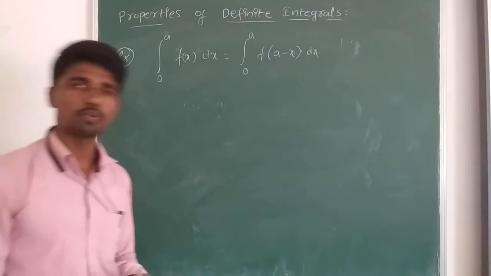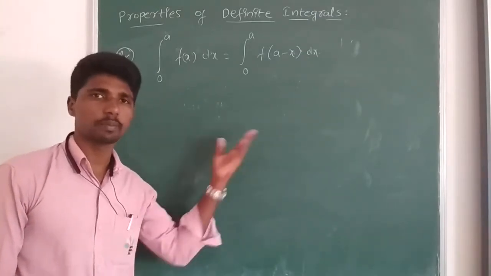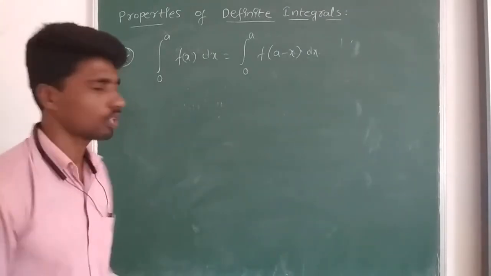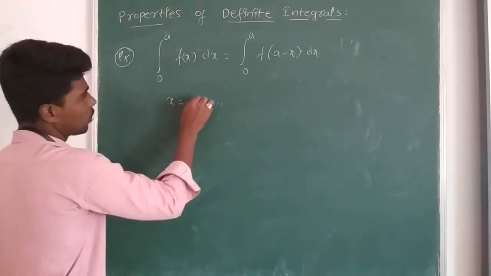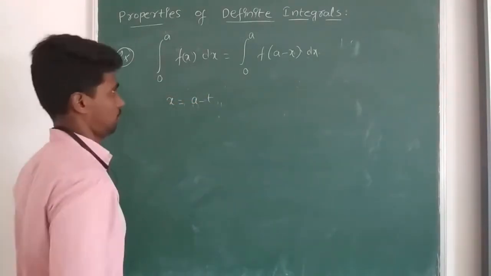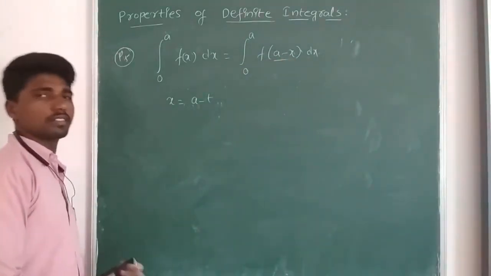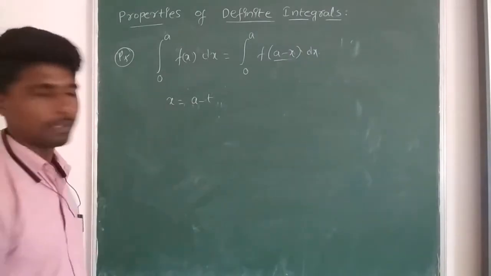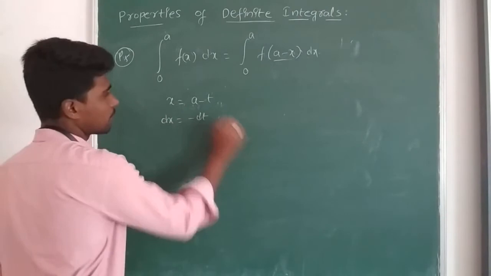In property number 4, replace a by 0 and replace b by a, so we get the same answer. Otherwise we can prove it separately also. So how can we prove it? Let us consider x is equal to a minus t. From the RHS also we can do this. I can say x is equal to a minus t. Then dx can be replaced by minus dt.